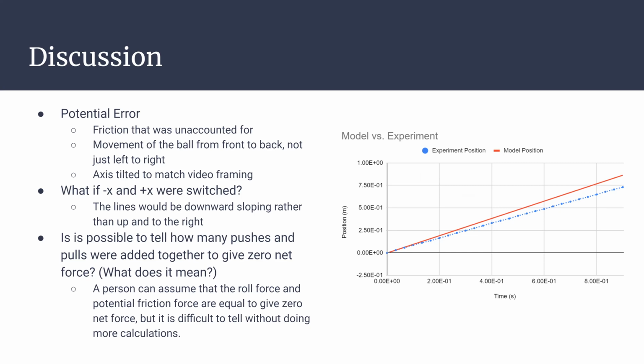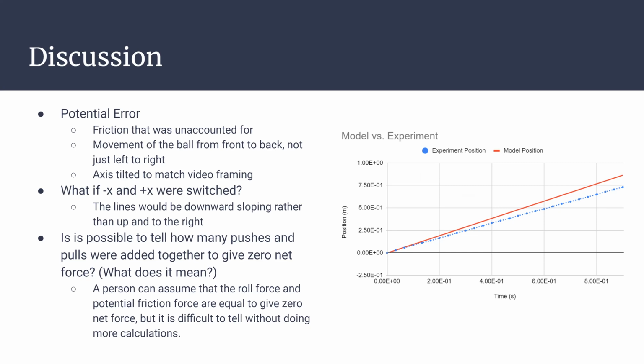If the positive and negative axes were switched, the lines of the graph would be sloping downwards instead of up and to the right. And is it possible to tell how many pushes and pulls were added together to give 0 net force? I would assume that the roll force and potential friction force are equal to 0 because I did roll the ball.